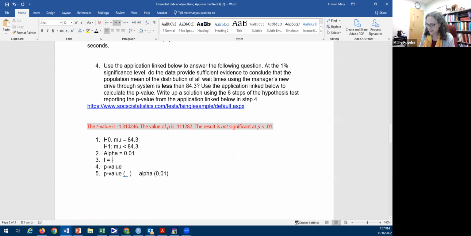So the t statistic is minus 1.31. And the p-value is given right here, 0.1113, just rounding to 4 decimal places. So here's my p-value.